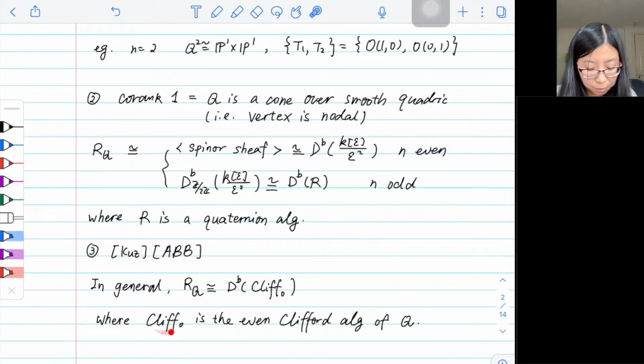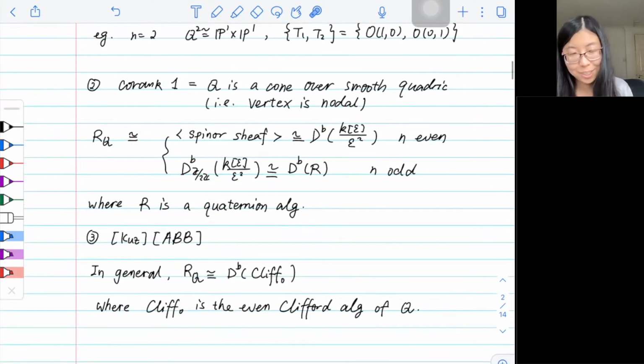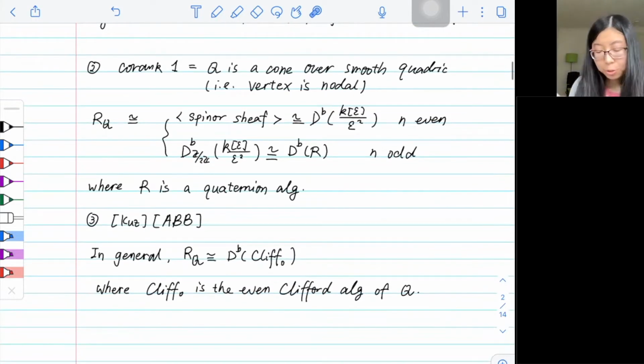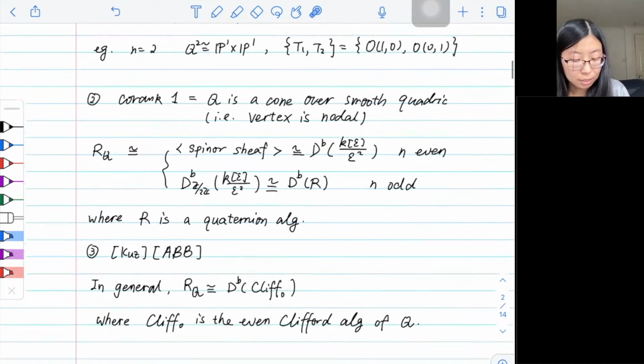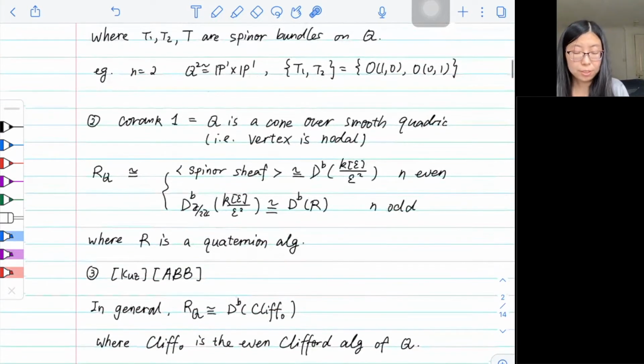Here, Cliff_0 is the even Clifford algebra of this quadric hypersurface, and you can always define it, but it's not so important for the talk. Just take it as a black box. You just know it's something non-commutative, and if the quadric hypersurface is singular, then it's complicated.